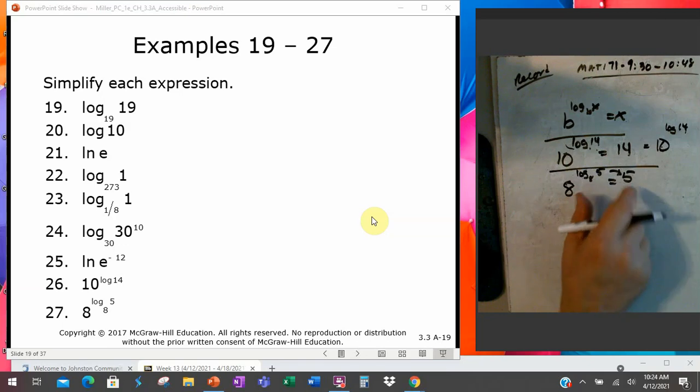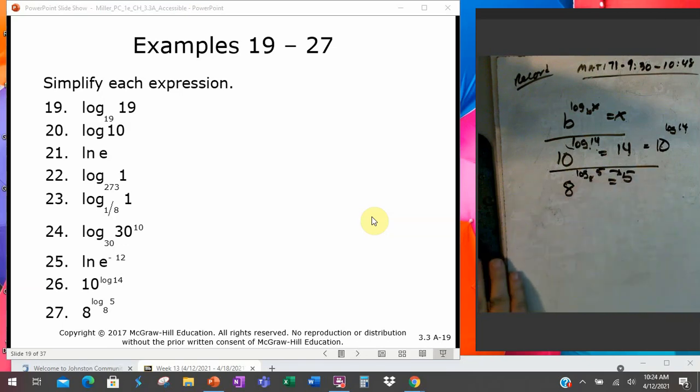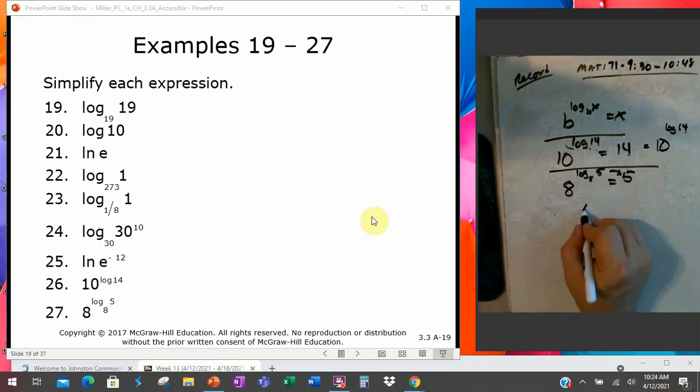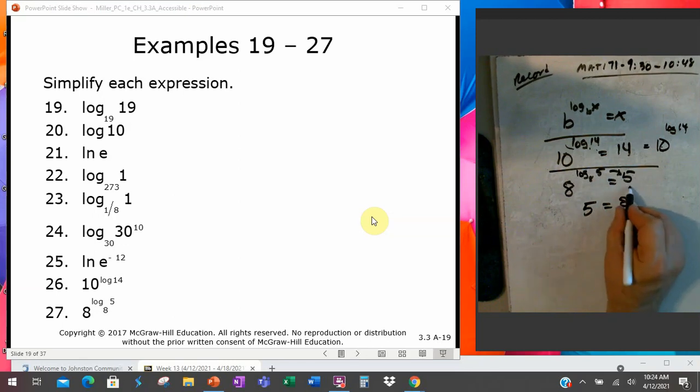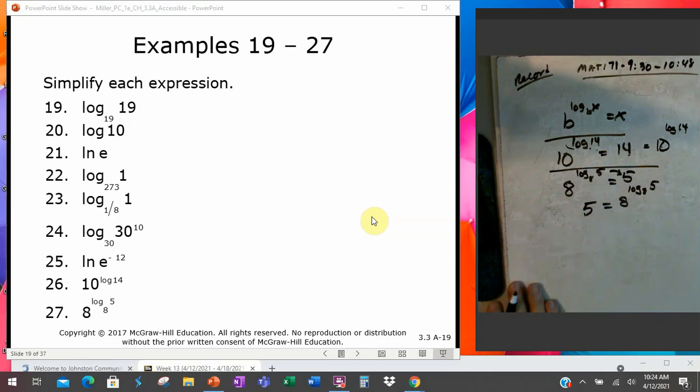So this one, to me, is the hardest to see, but you kind of have to work it backwards, and it gets you there. I want to represent 5 as some power of 8. How do I get that power? Well, I go to my calculator, and log base 8 of that number gives it to me.